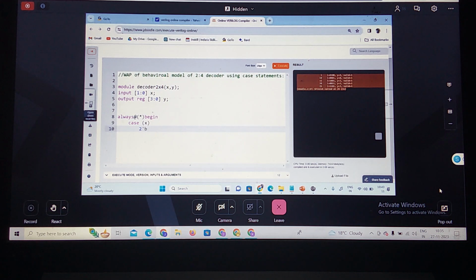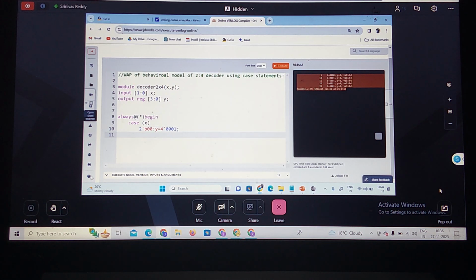Correct. What is the alternative to this? 2 tick B 0, 0, or you can write 2 tick D 0 also. Decimal is also fine. Colon, what do I want to do? What should Y be? 4 tick B 1, 0, 0, 0. Input is 0, 0, so this should be 0, 0.